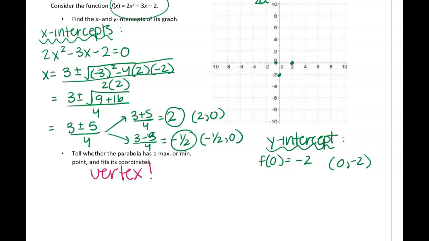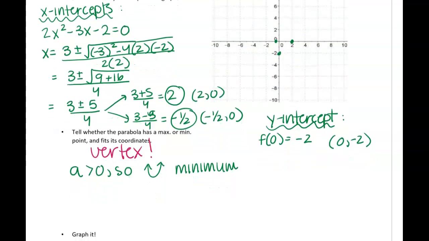So first of all, since a is positive, a is greater than 0, it looks like this. It's going up and it has a minimum.